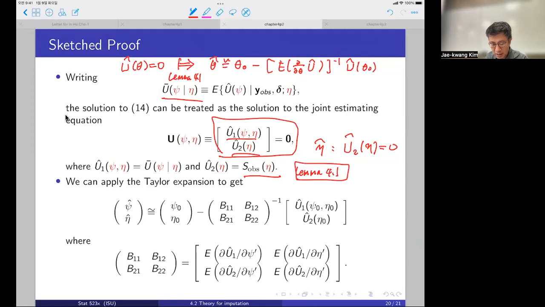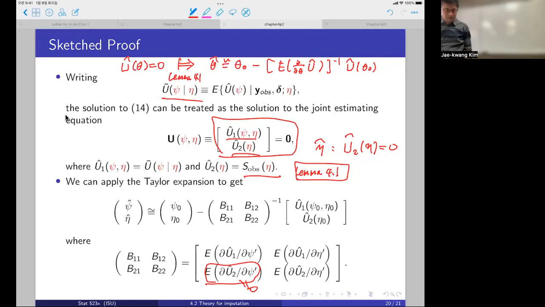Rows correspond to equations and columns correspond to parameters, so you have something like this. First of all, you can see that this is 0, because this one doesn't depend on psi.